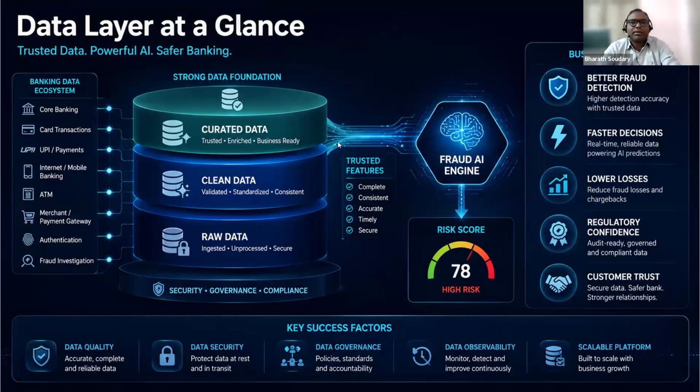This is the summary slide. It connects everything together: banking system ecosystem, curated data, trusted features, fraud AI, and business impact. The data comes from core banking, card transactions, ATM, UPI payments, internet and mobile banking, merchants, and payment gateways.